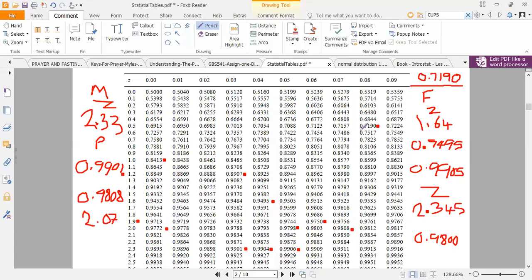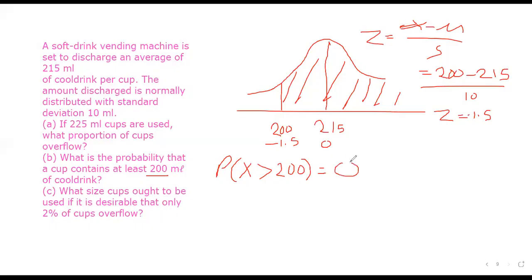So 1.5, what is the reading for 1.5? 0.9332. So this is 0.933.